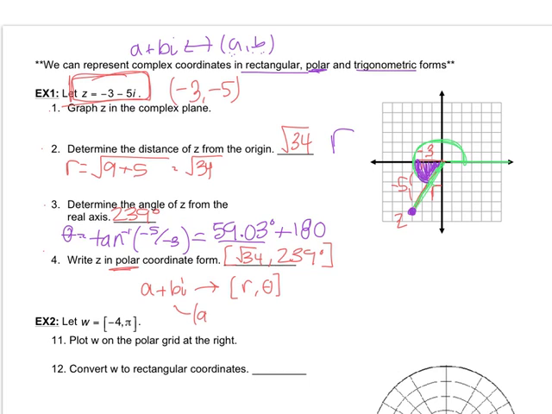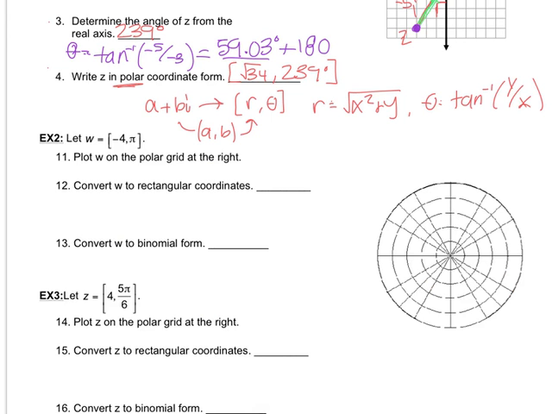Turn this into a, comma, b, which are x and y coordinates, and then we already know how to turn those into r's and thetas using the fact that r equals the square root of x squared plus y squared, and theta equals inverse tangent of y over x. So not really anything brand new in terms of converting complex coordinates to rectangular coordinates and then to polar coordinates.